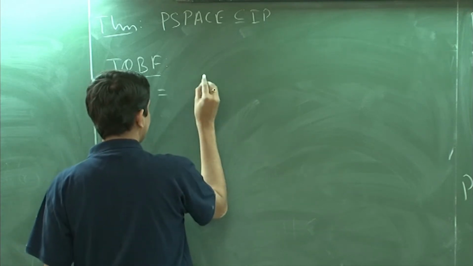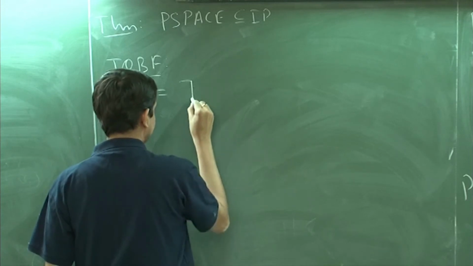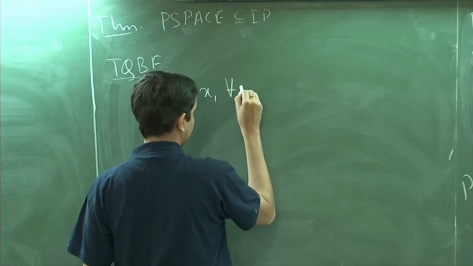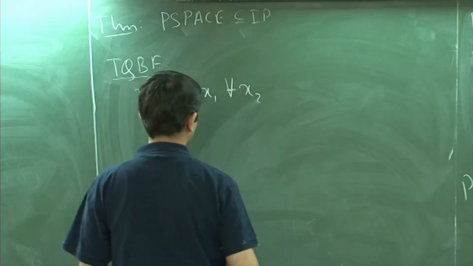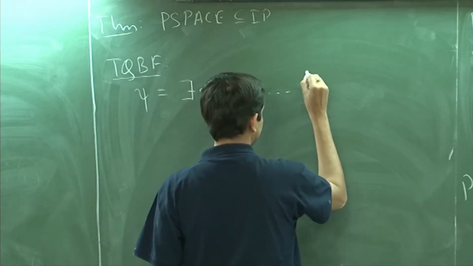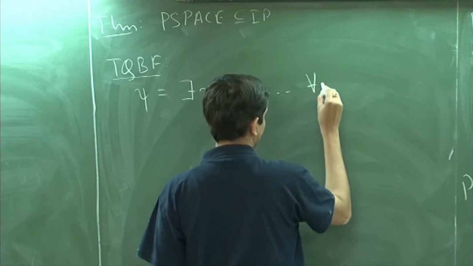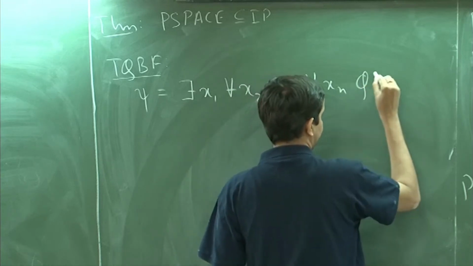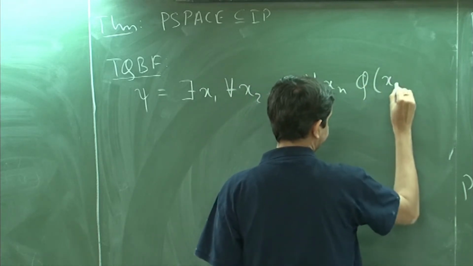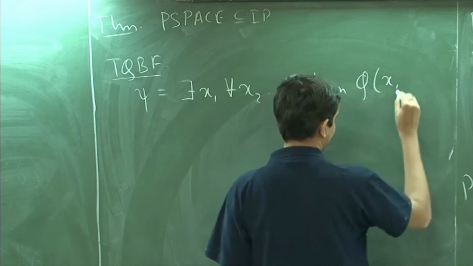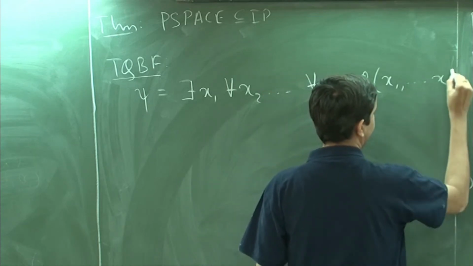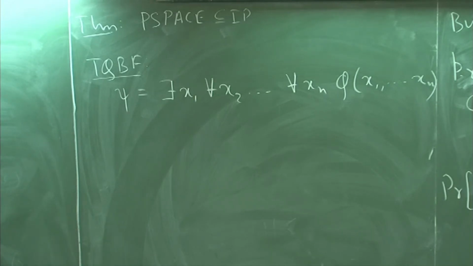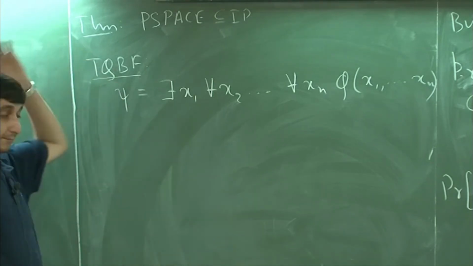So let us say that the variable x1 is quantified with there exists quantifier, x2 with a for all, and finally xn is quantified with a for all quantifier, and we have some unquantified 3CNF formula at the end. I am just assuming n to be even, it does not matter. So this problem is complete for PSPACE.